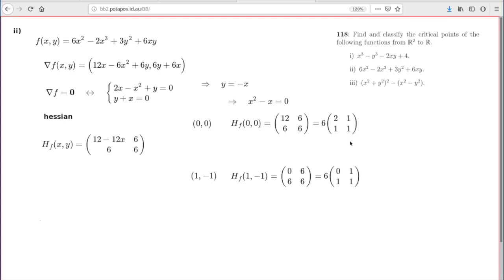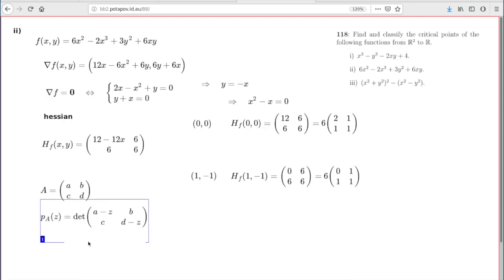Here's a little trick which I'm about to show you, which allows you to decide the combination of signs of eigenvalues without finding eigenvalues. If you have a 2 by 2 matrix with arbitrary coefficients a, b, c, d, normally to find the eigenvalues you have to spell out the characteristic polynomial, which is this one.